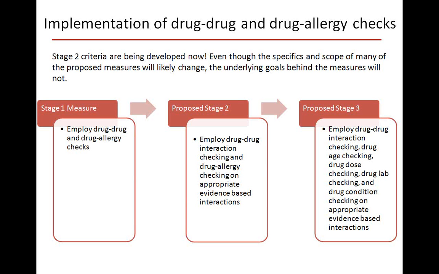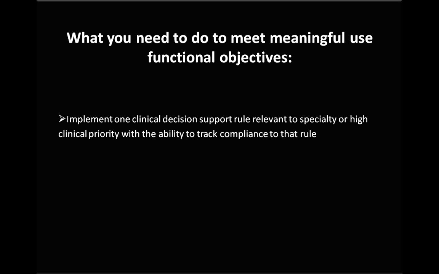And then you can see that it's even expanded in Stage 3, and again, this is all subject to change, but right now the proposed rules are looking at expanding beyond just drug and drug allergy checking to drug age checking, drug dose checking, drug lab checking, and drug condition checking. So the important thing here is to, again, learn your system, know how to modify these to make them appropriate for your practice, because we do expect this to be expanded on in the future.